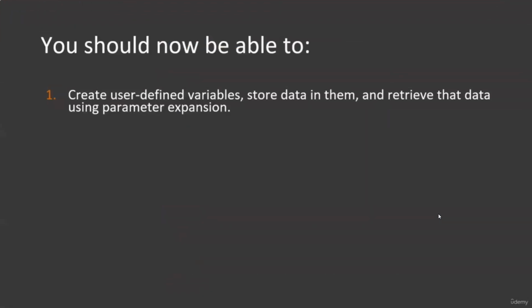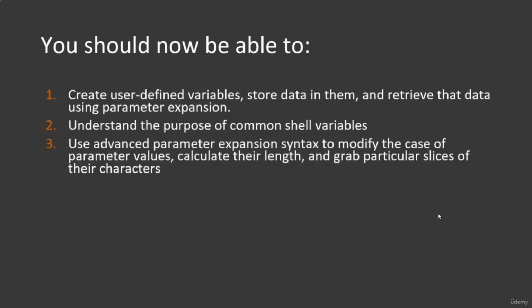So as you can see, you've covered a whole lot of stuff in this section, and now, at the end, you should be able to create user-defined variables, store data in them, and retrieve that data using parameter expansion. You should be able to understand the purpose of common shell variables. You should be able to use the advanced parameter expansion syntax to modify the case of parameter values, calculate their length, and grab particular slices of their characters.